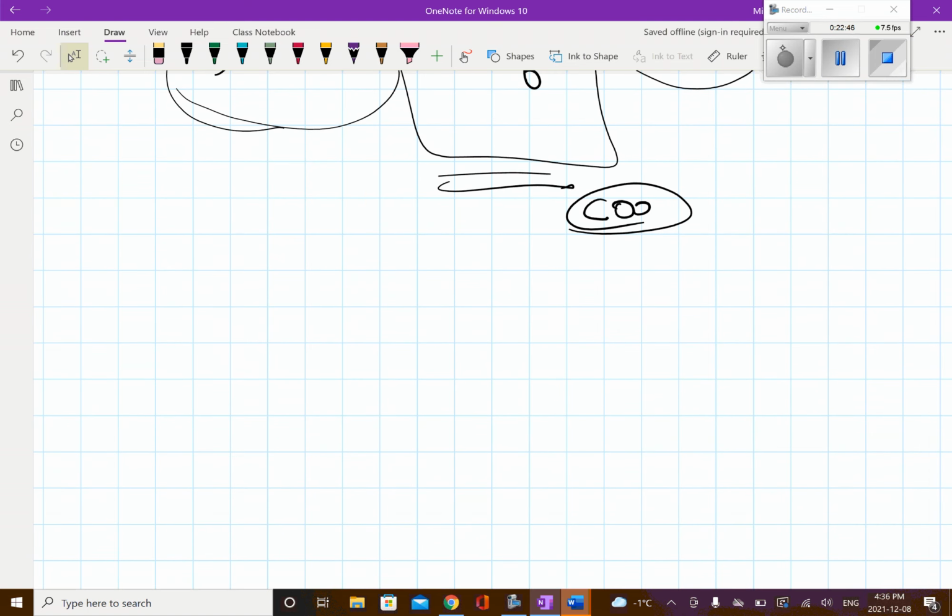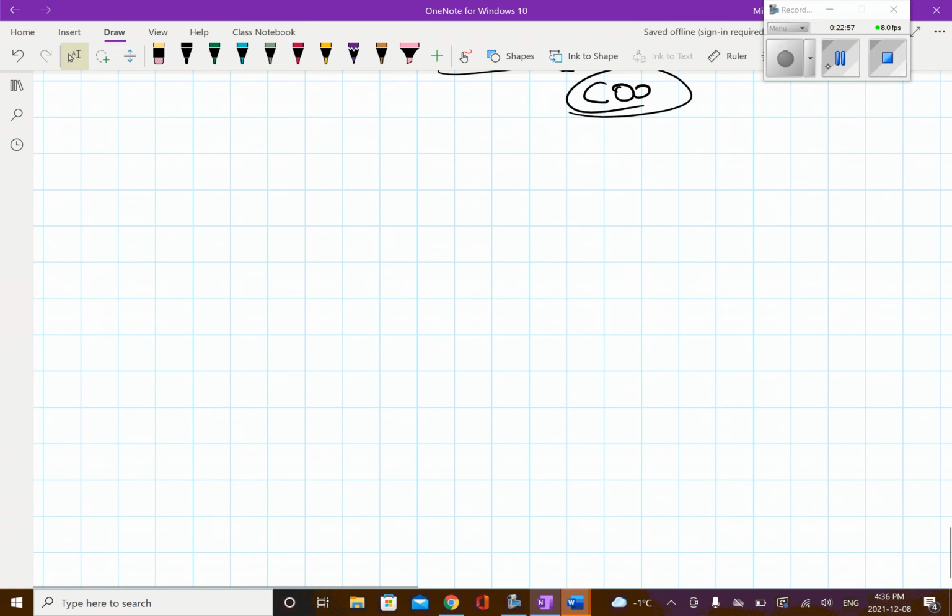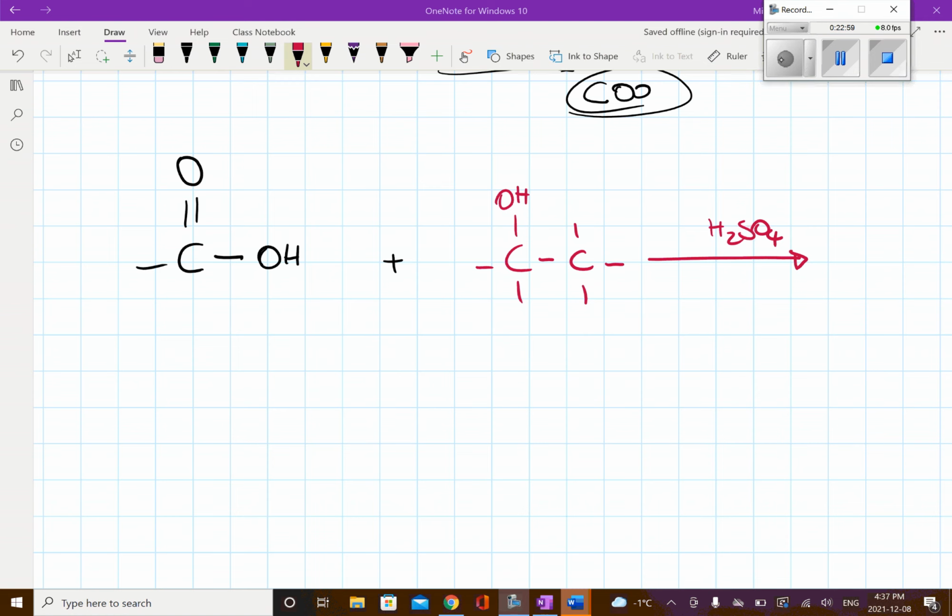An esterification reaction will be something like this. I will write it here and then talk it over to you. So we have formic acid, or methanoic acid. Methane, so we drop the E and then we add OIC.